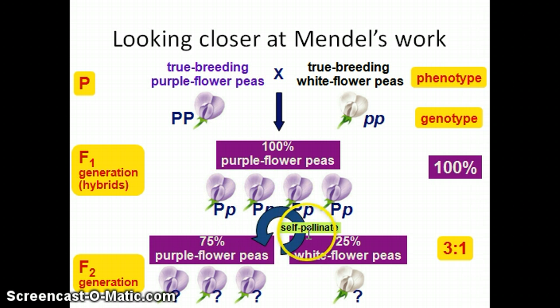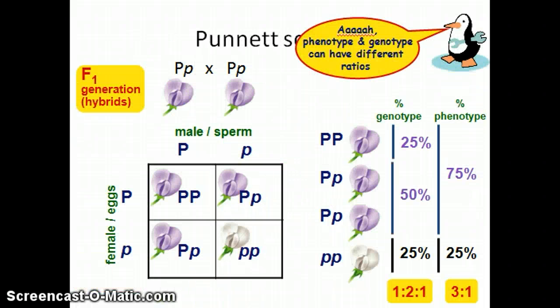Then when we have self-pollination or crossing of this generation, where all the crosses will be hybrid or heterozygous, the F2 generation has a phenotype of 3:1, but we need to remember that the genotype is going to look quite different.